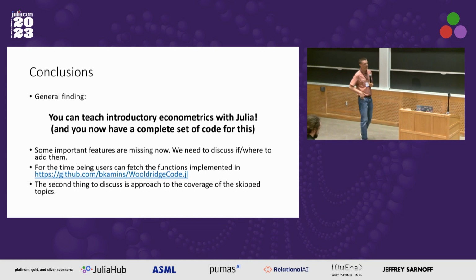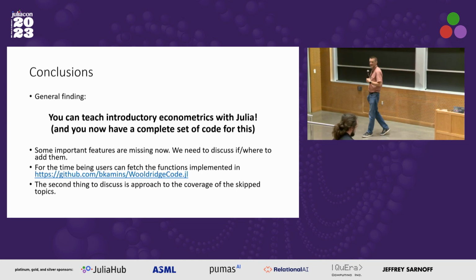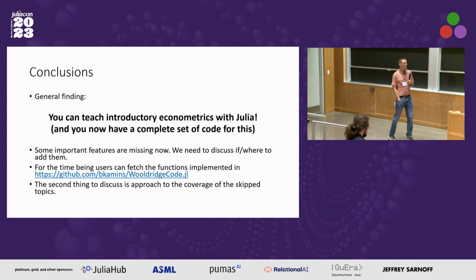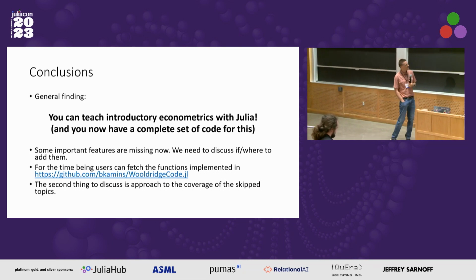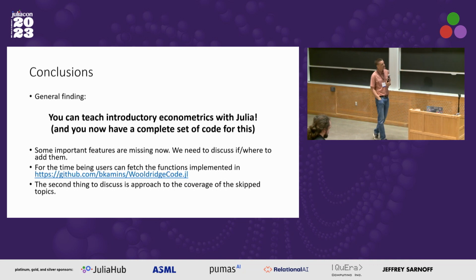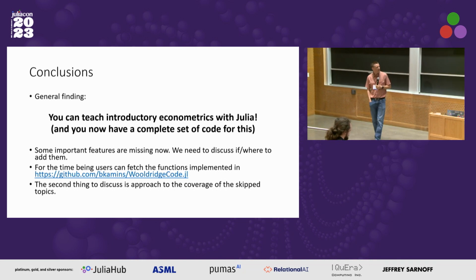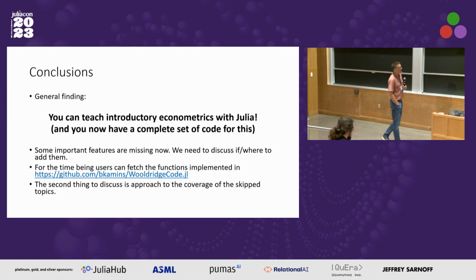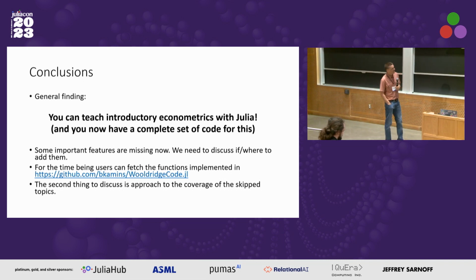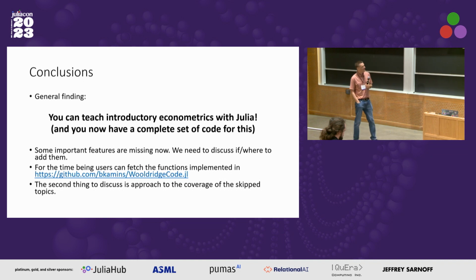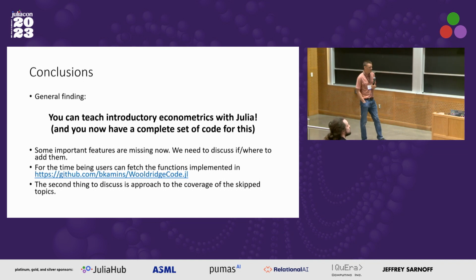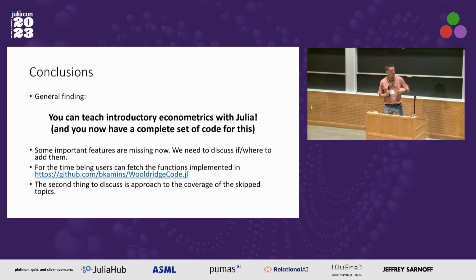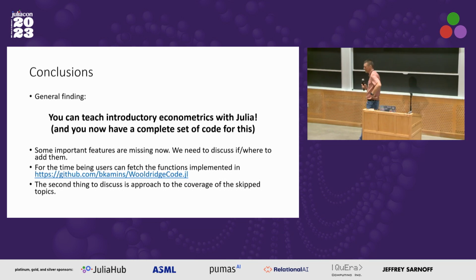And again, while it is not there, everything that is needed to run those basic econometrics things and is missing in GLM is available on GitHub. So if you are missing it, you can use it. So this is a short summary of the status of this.